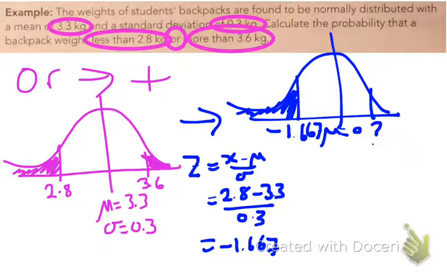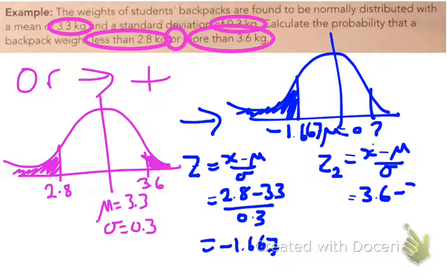Then we'll find our other Z value, so I'm just going to call this Z2. And again, x take away the mean over our standard deviation. So this time the x value is that 3.6. Take away 3.3 over our standard deviation of 0.3. And that is going to give us a Z value of 1.